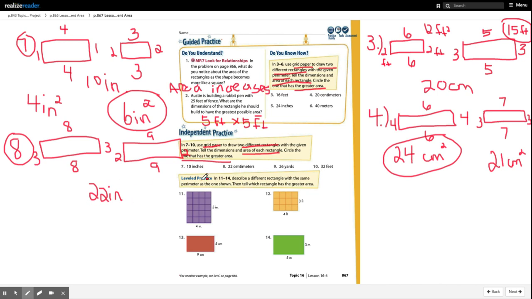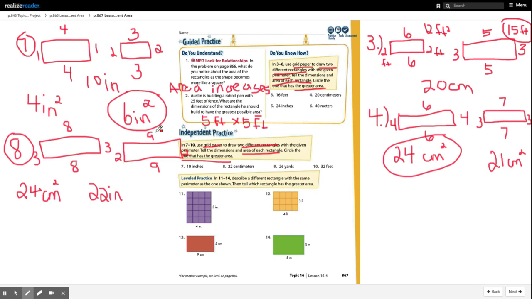As we've mentioned, we still need to find the rectangle with the greatest area. So now we're going to switch off from addition to multiplication. So let's take a look at this first rectangle. We're going to take 8 centimeters by 3, which is going to give us 24 square centimeters. Let's look at this rectangle now.